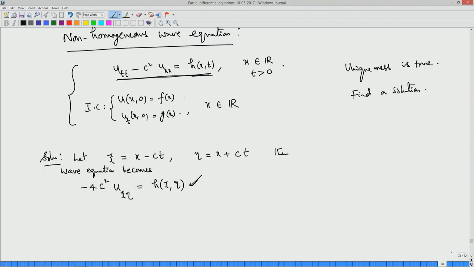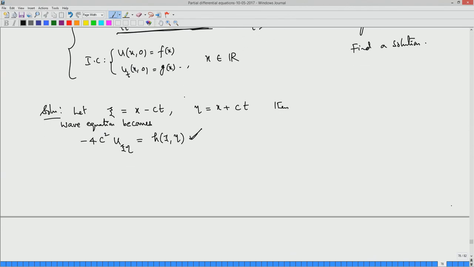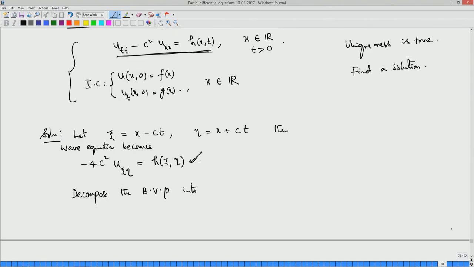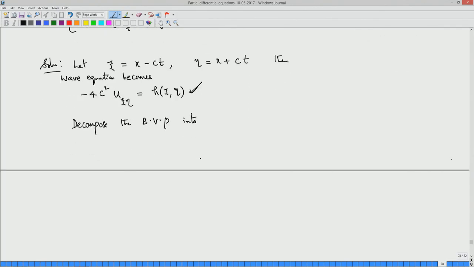Let us do this first: decompose the problem, because this is a linear problem, so you can reduce it into two problems.